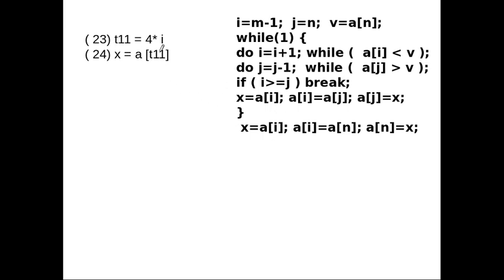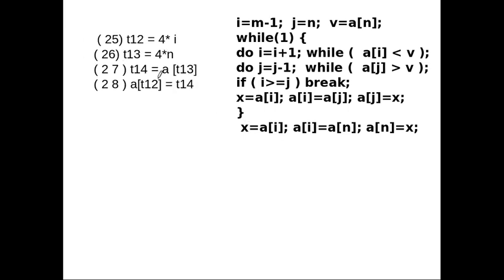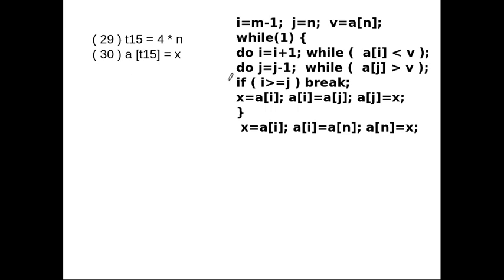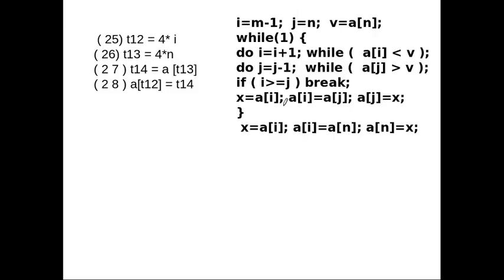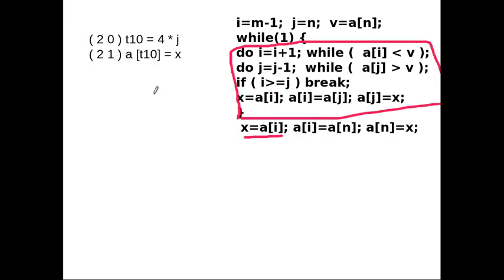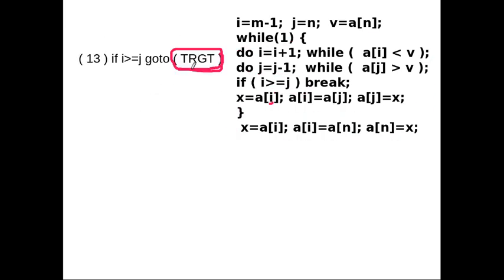This also finds the ith index, and x is the a of t11, and also the same. This requires 3 address codes, and it requires 2 address codes. And what about our target for this break statement? The break statement is the 13th.